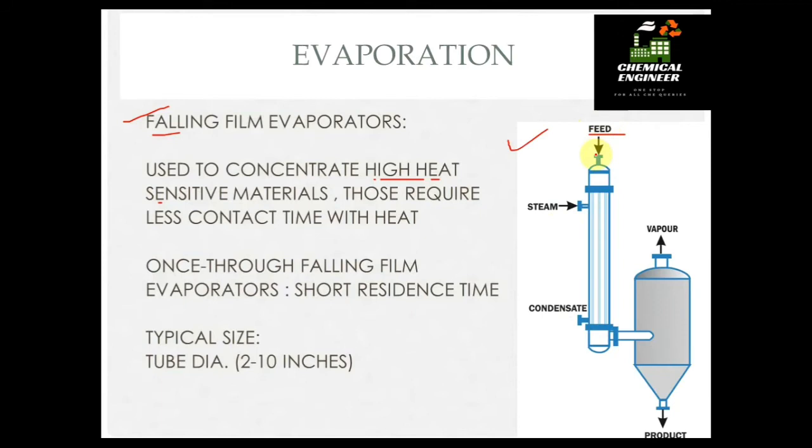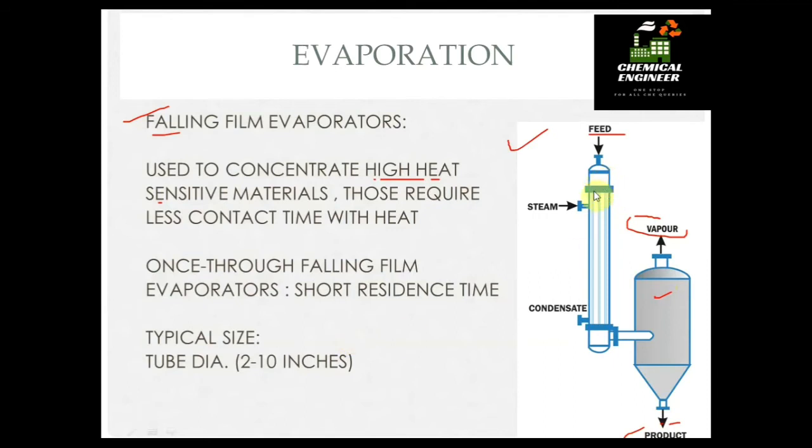The feed is fed from the top, and passes through the tubes, with steam in the shell. The falling film evaporates the liquid feed, and the concentrate is then separated using a phase separator, separating vapor and the liquid concentrate product.